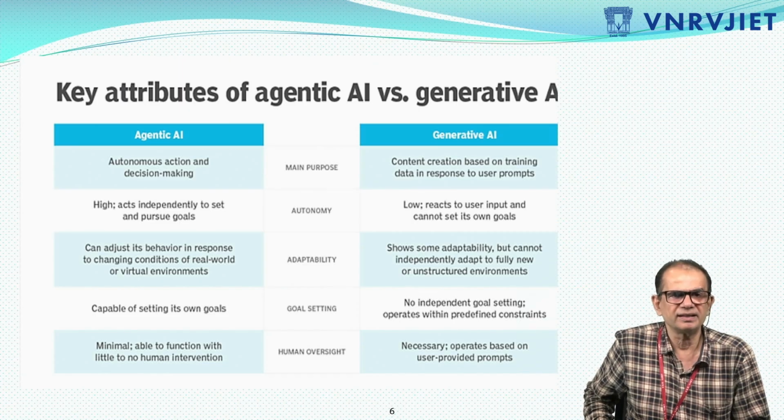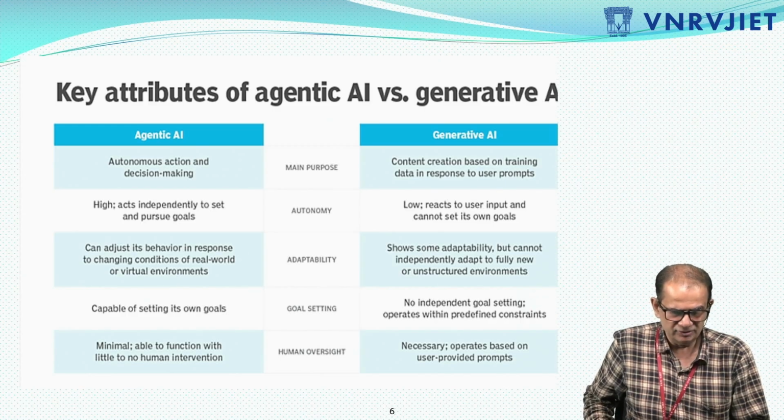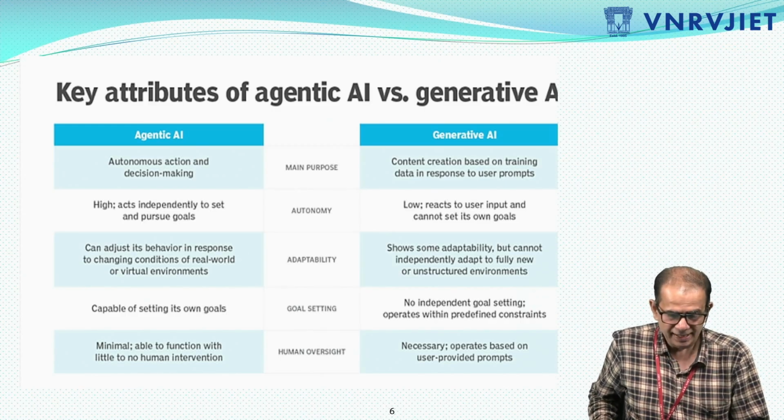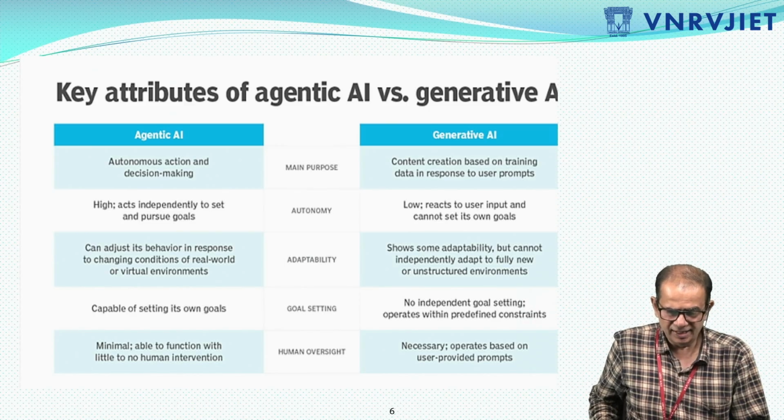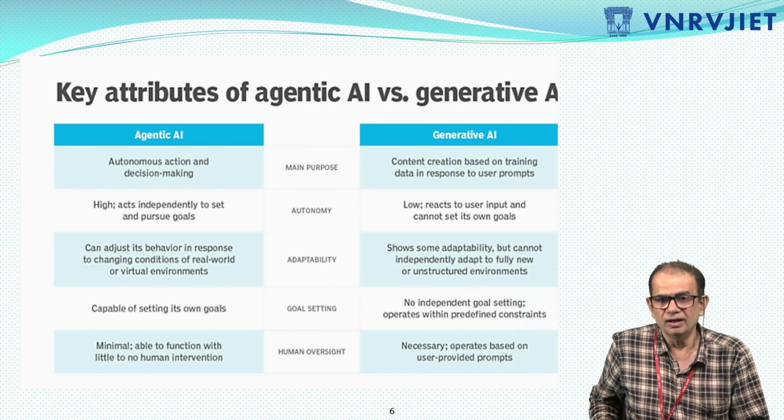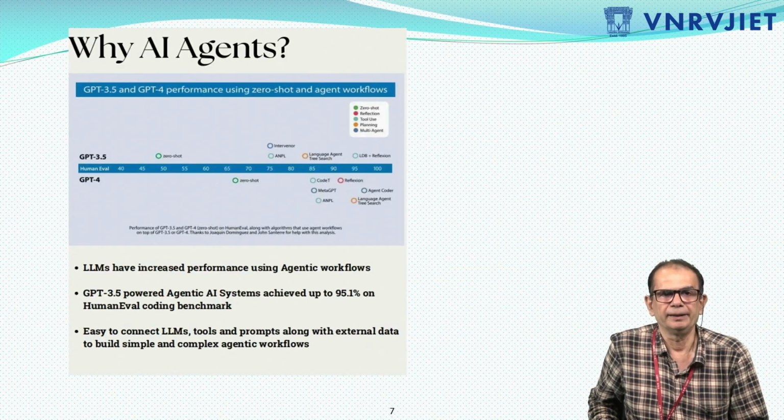And several other differences are there, like agentic AI is capable of setting its own goals, whereas generative AI has no independent goal setting, it cannot do it by itself, but it takes the instruction from the user, who gives some data, and then it takes that and generates the particular visual, text or speech, videos, and so on and so forth for us.